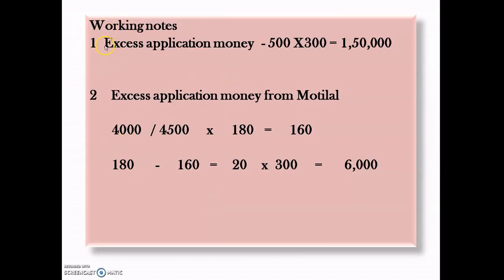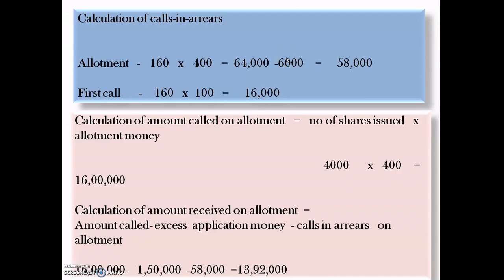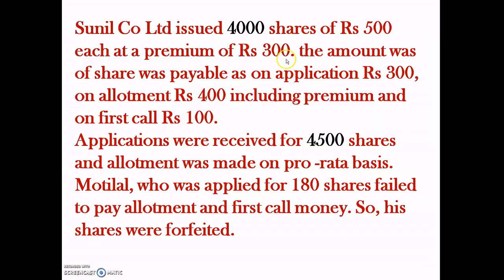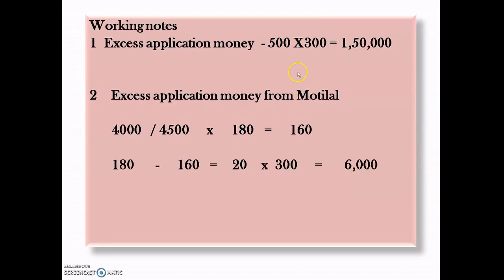See here, the first working note is excess application money. We have to find out excess application money because this is the case of oversubscription. Excess means extra applications received by the company. So we take the difference between these two: applications received 4,500 minus 4,000 issued, it will come 500.